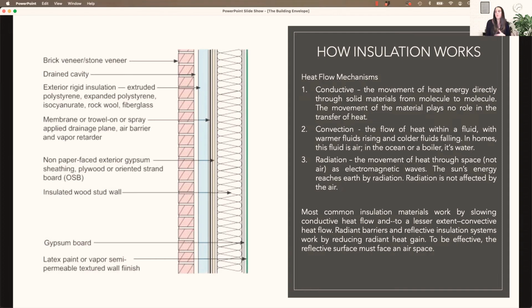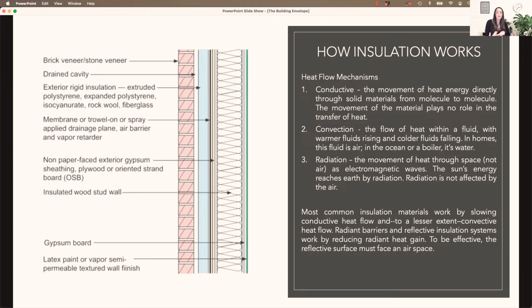And so there are 3 heat flow mechanisms when we're talking about how heat travels. Conductive is where heat moves from one thermal mass to another. So it could move through walls to floors or things like that. It's through materials, not ambient in the air around you. And then convection is the flow of heat within fluids or gases.